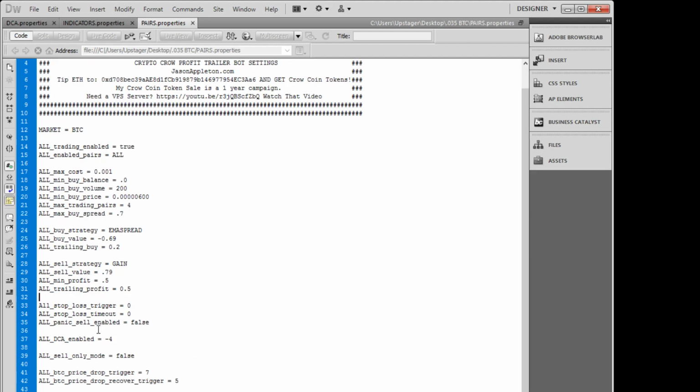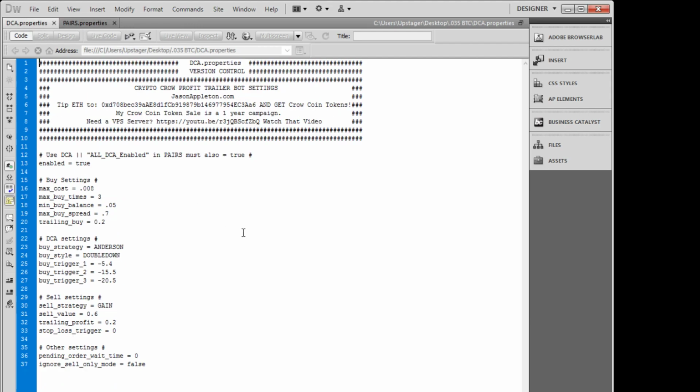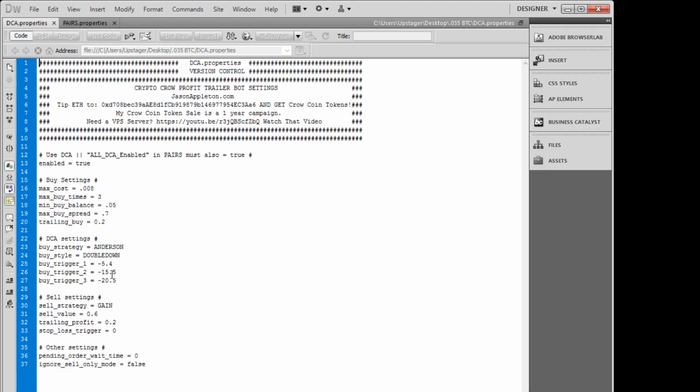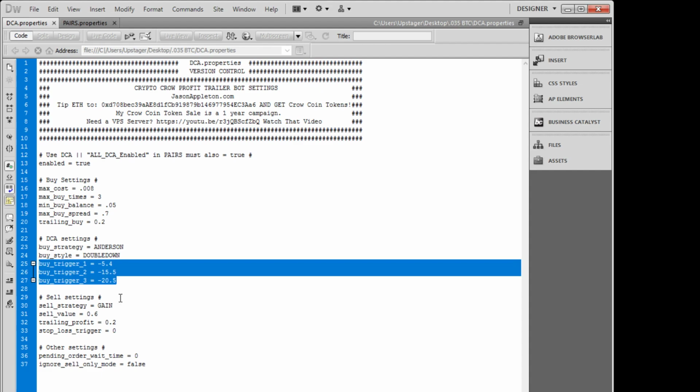The Anderson DCA settings here are set up to go into Anderson DCA when the coin you bought goes negative 4% or greater. You don't need the indicators. Now, the DCA settings on a very low budget: with $500, you're trading 4 pairs on a 3-tier DCA.